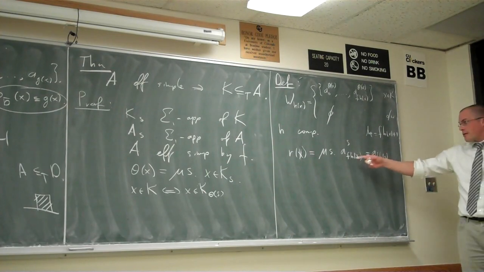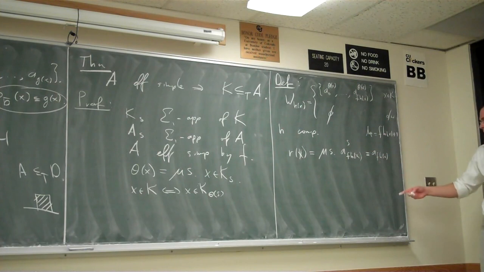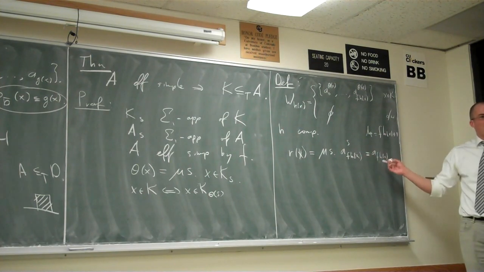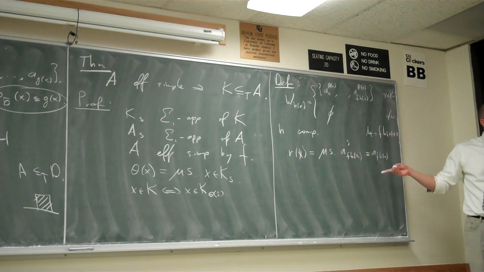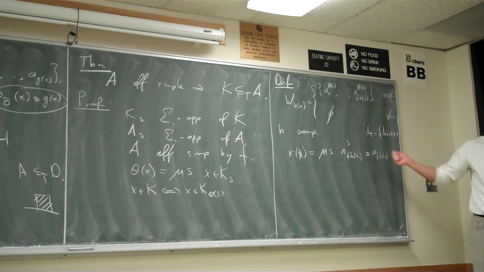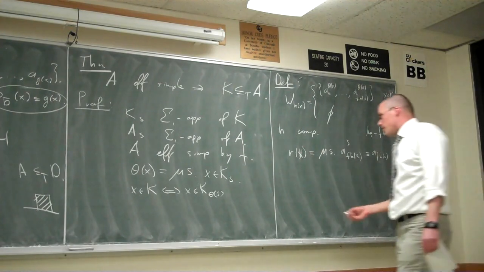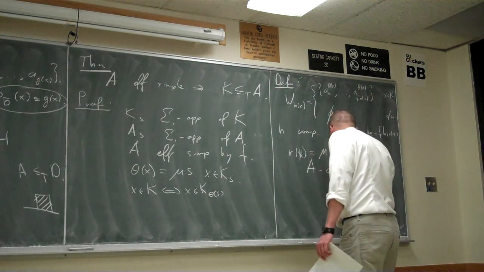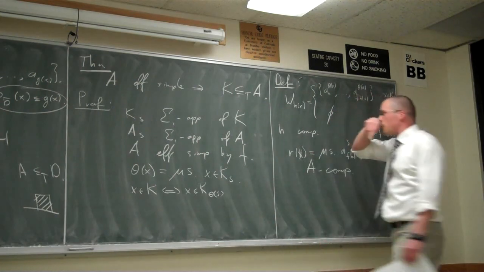Of course, f is computable, h is computable, but deciding when this has stabilized is not necessarily computable, but it is A-computable. If you know what is going to be enumerated into A eventually, then you can check when the corresponding initial segment has stabilized. So this function r(x) is A-computable.